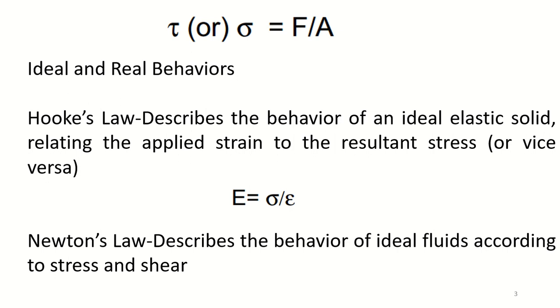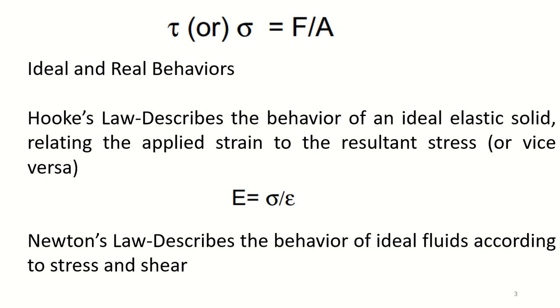Hooke's law. Hooke describes the behavior of an ideal elastic solid, relating the applied strain to the resultant stress, or vice versa. The proportionality factor is called the material's modulus and is denoted as E or sometimes G. Young's modulus is the ratio of dynamic stress to strain.